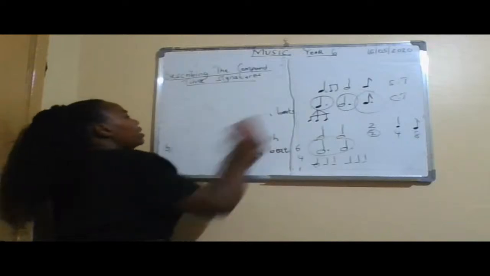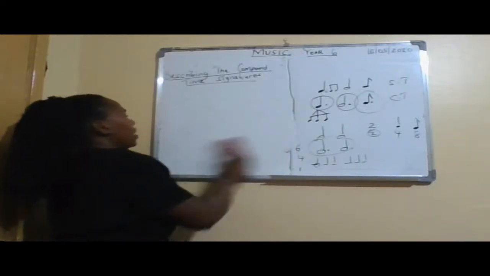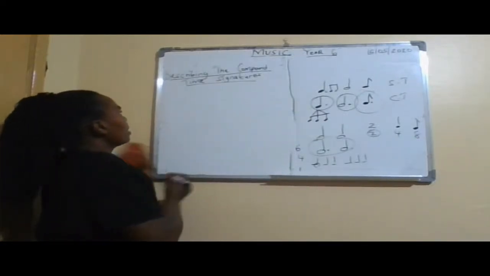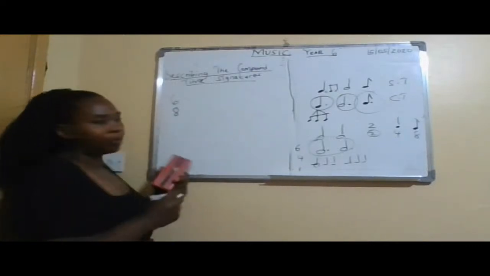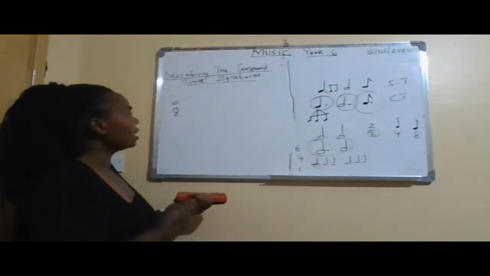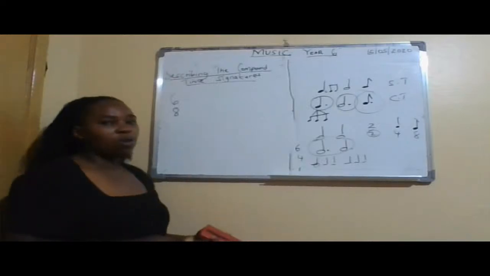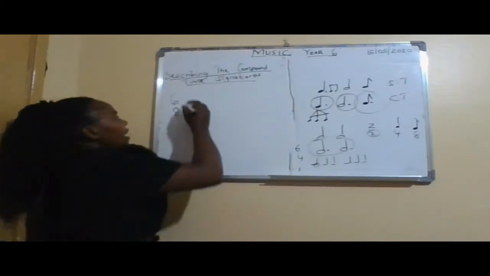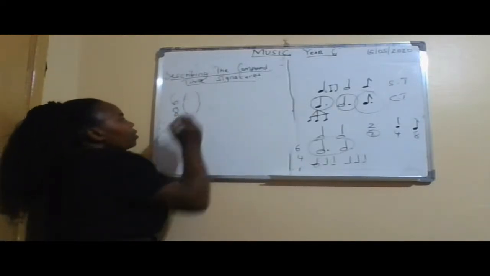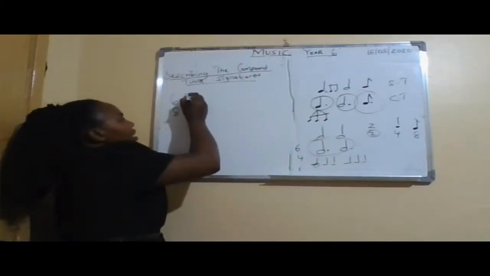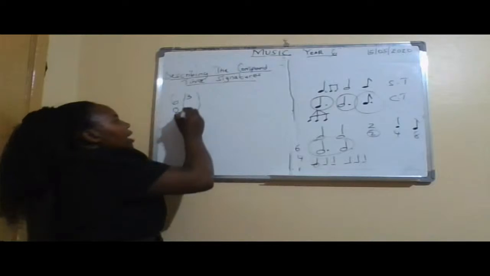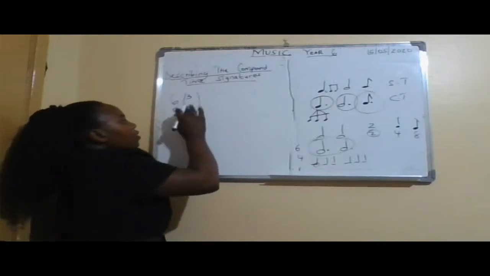The second one I need us to look at is 6, 8. For us to know what kind of notes are here, we have to divide the top number by 3 and then the bottom number by 2.